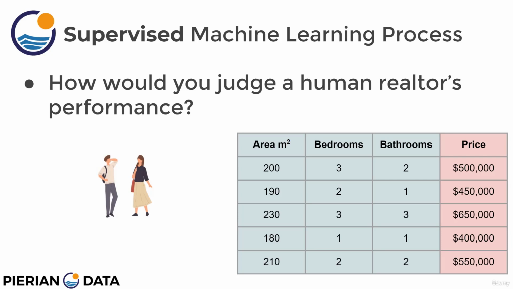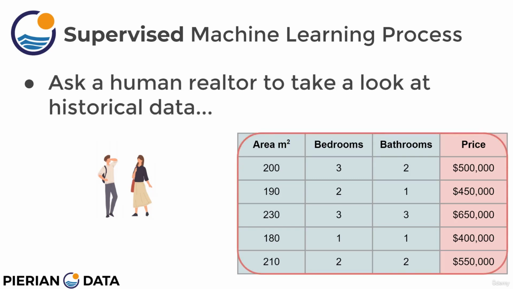How would you judge a human realtor's performance if you had an existing data set and a new house that you wanted to put on the market? You could ask your human realtor to take a look at the entire historical data set. You give them the features and then the price that these houses have sold at in the past. And you want their help for choosing the price for a new house on the market.